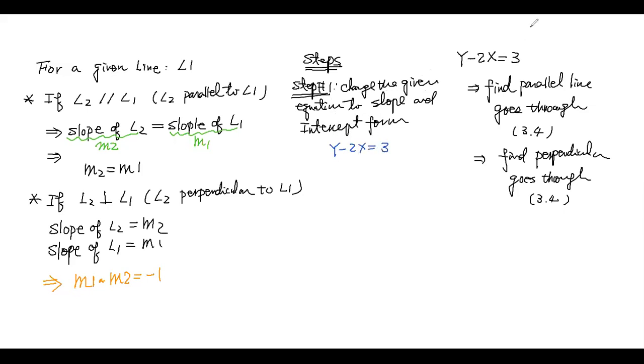If you still remember, the slope-intercept form looks like y equals mx plus b. So I need to change the equation to y equals mx plus b. I need to add 2x to both sides, so I have y equals 2x plus 3. Okay, now step number 2 is here.